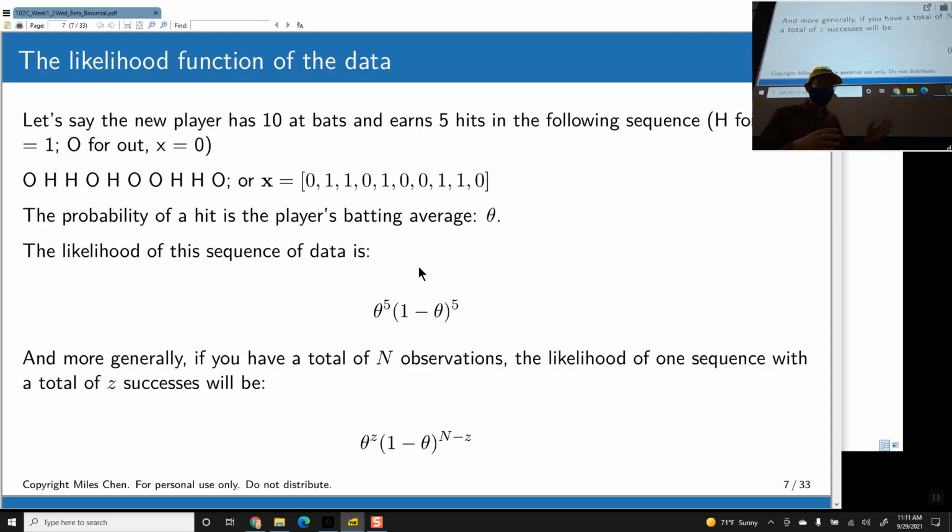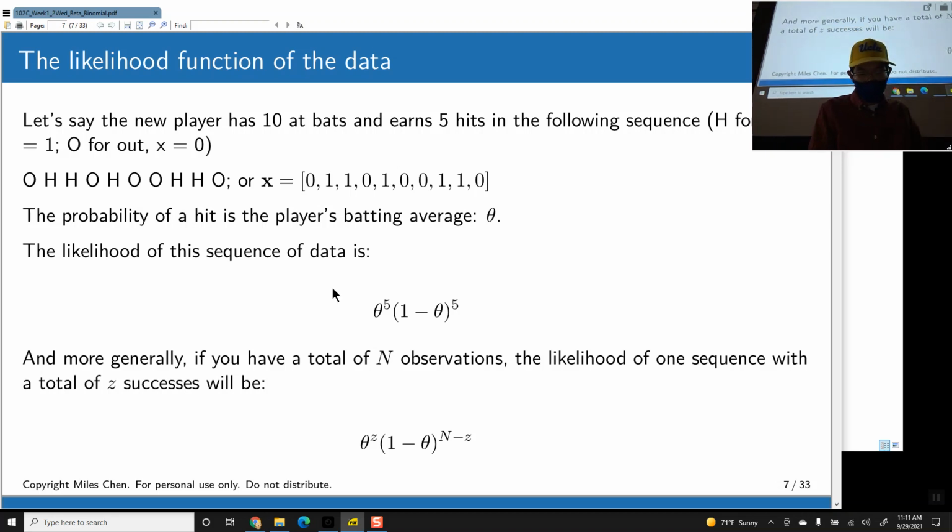If we wanted to just say, hey, what's the probability of getting 5 hits out of 10 at-bats, the order doesn't matter. We could include the binomial coefficient, 10 choose 5, for whatever sequence it has. But honestly, it doesn't even matter because these constants, we're not going to worry too much about them at the moment, okay?